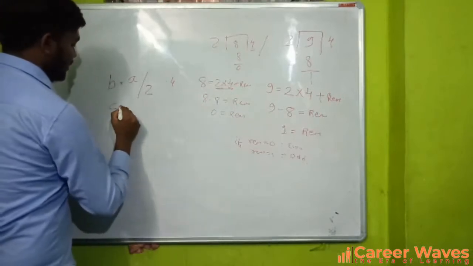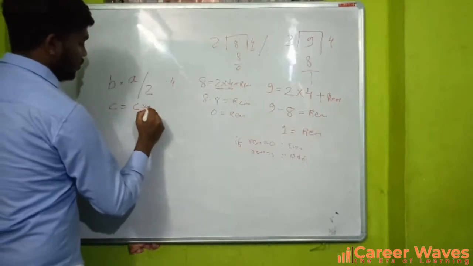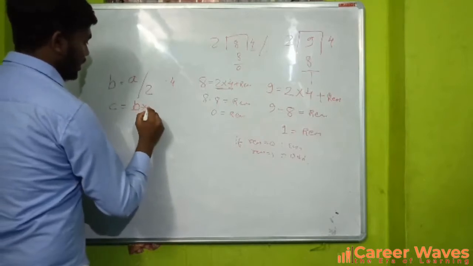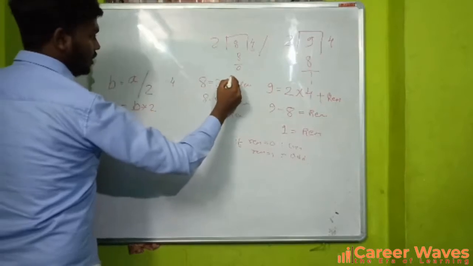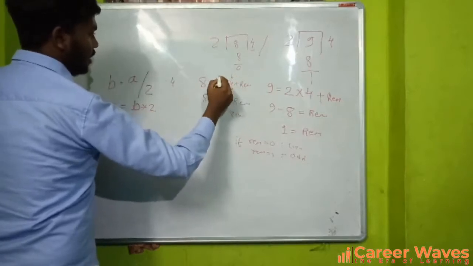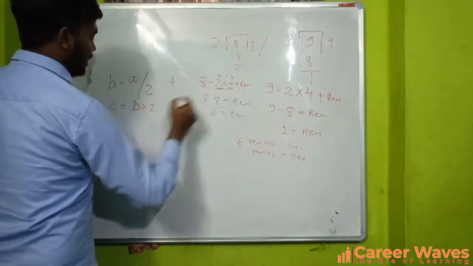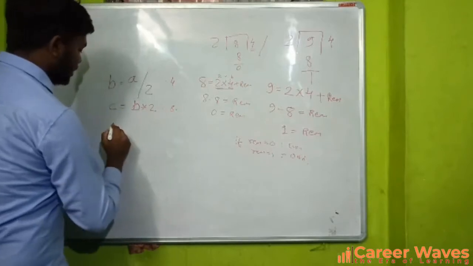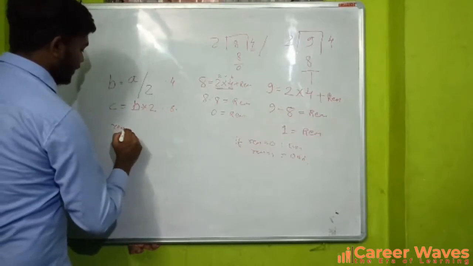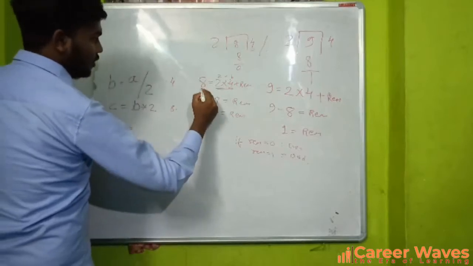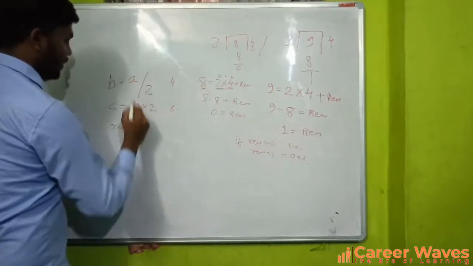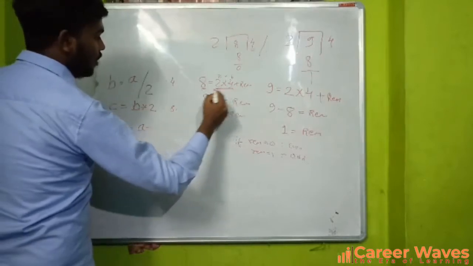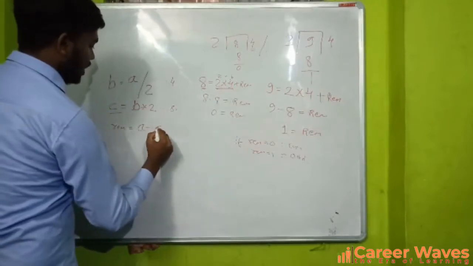Let us use another variable c, which will be b into 2, because b is holding 4 and 4 into 2 becomes 8. Now let us use the remainder variable. The original number that we had, a, minus the value that we got, that is c, a minus c.